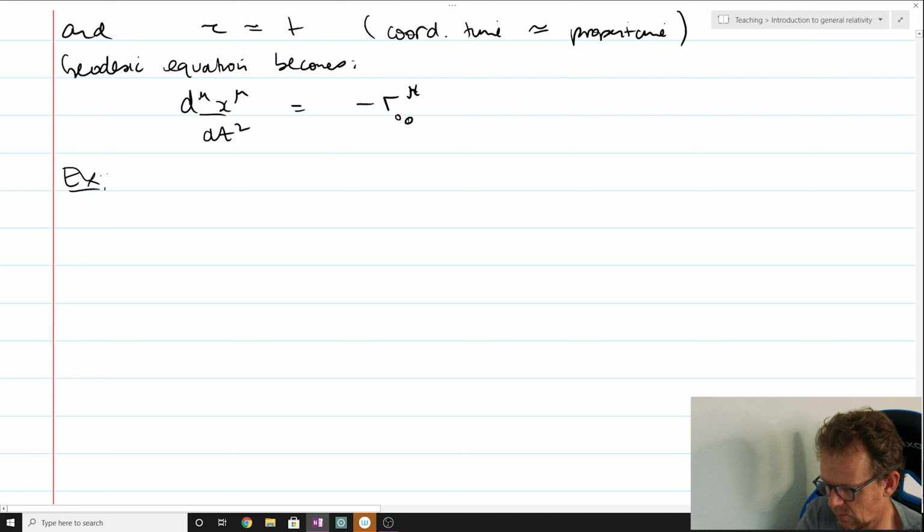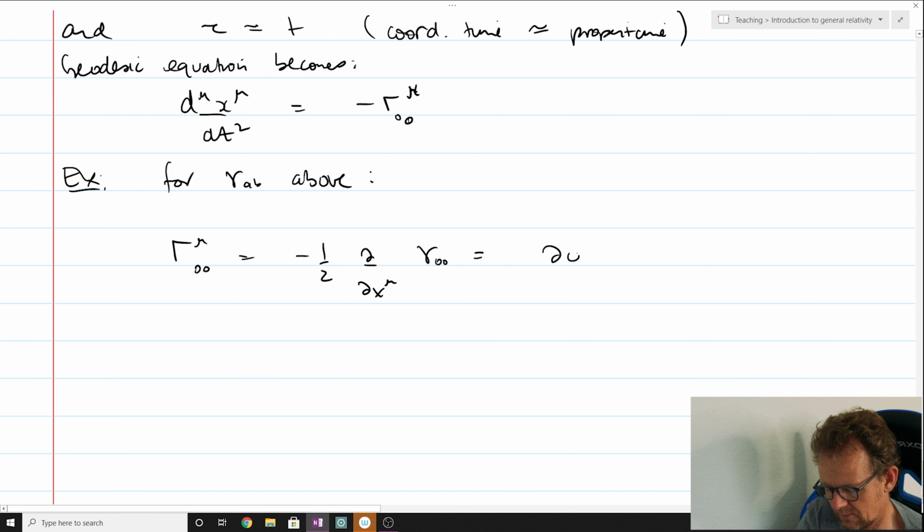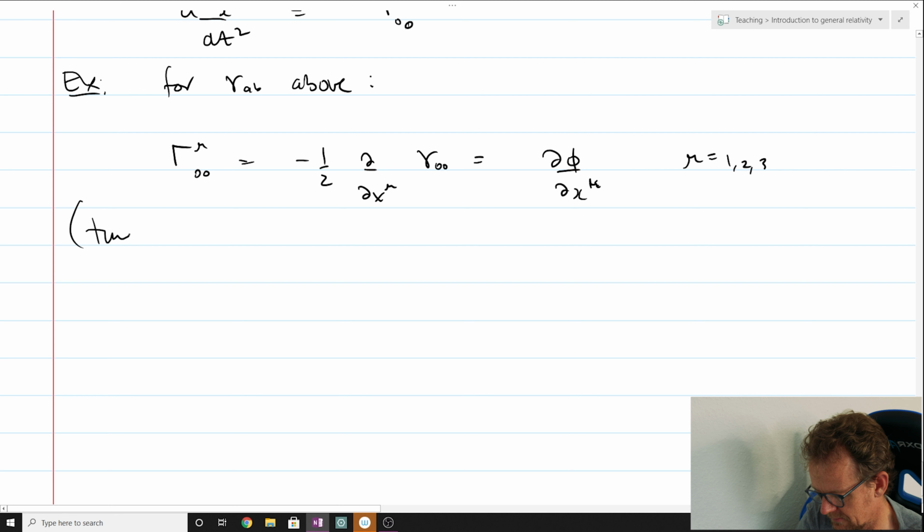You can work out those components in terms of gamma. These four components are just given by minus a half d dx mu gamma naught naught, but that simplifies to d phi dx mu for the three components that are really important to us. Time derivatives are neglected here.